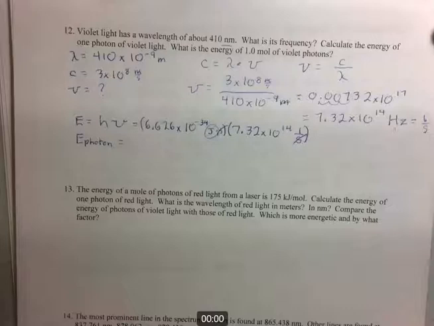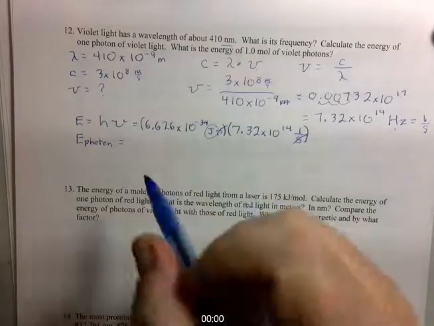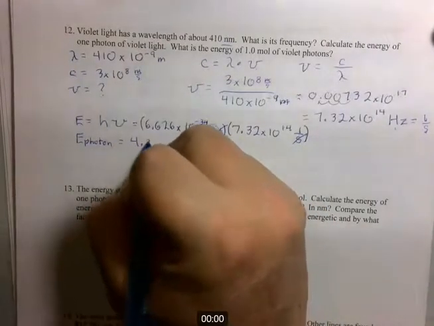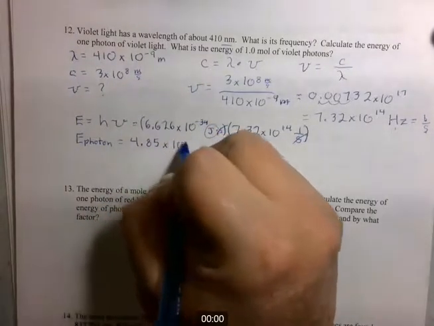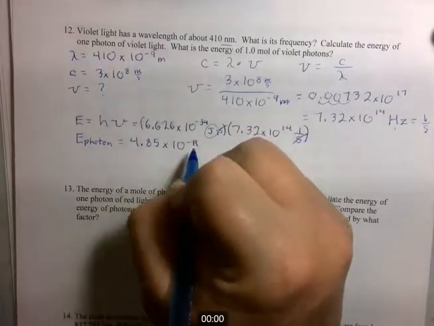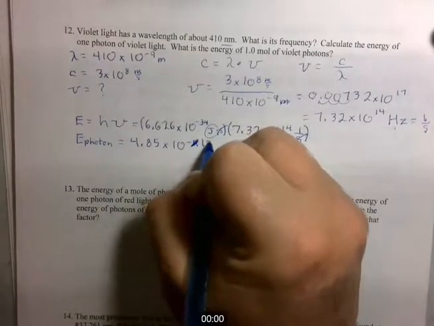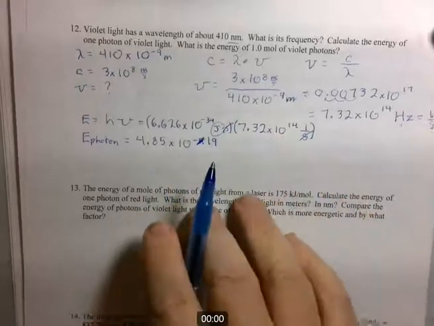So 6.626 times 10 to the negative 34, close parenthesis, times, open a new parenthesis, 7.32 times 10 to the 14th, close parenthesis, and that gives us 4.85 times 10 to the minus 19. That's the energy in a single photon.